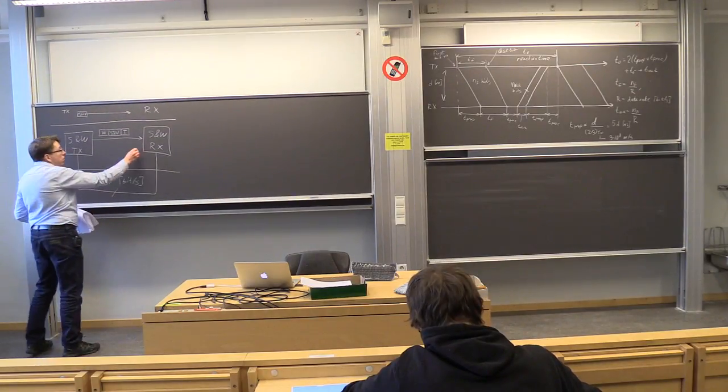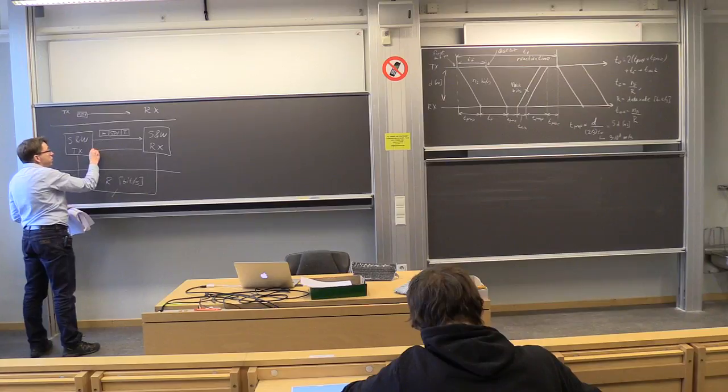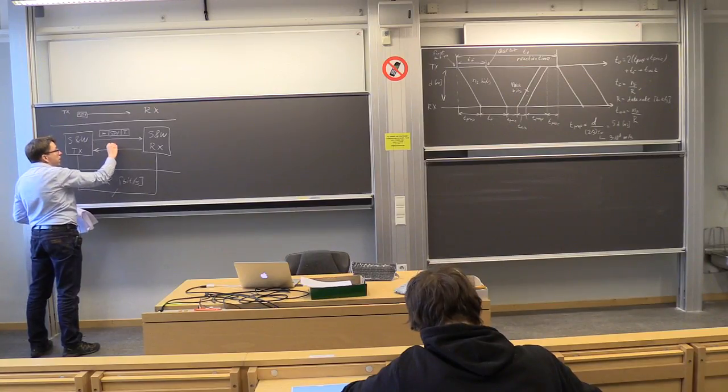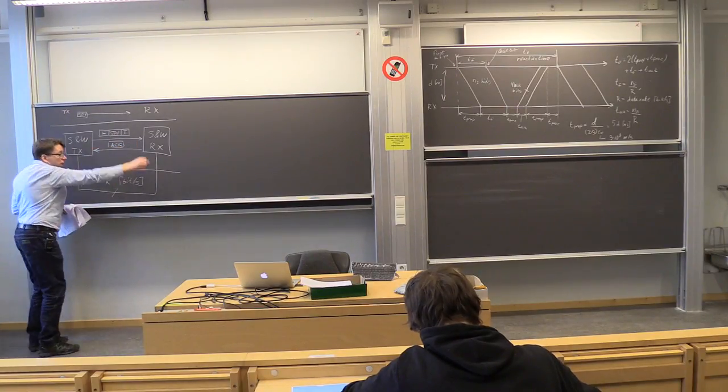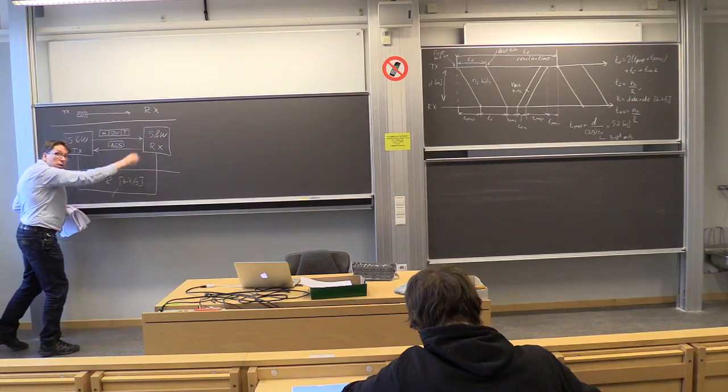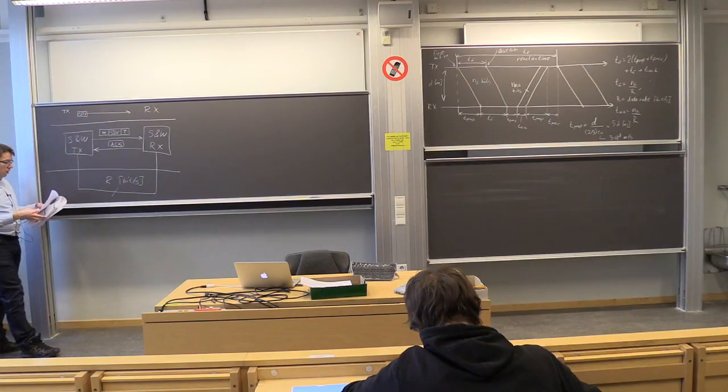Okay, and then on the reverse link from the receiver to the transmitter are these acknowledgement frames with headers and all these things. So this is what's going on logically. Of course, physically it goes in the layer below us.